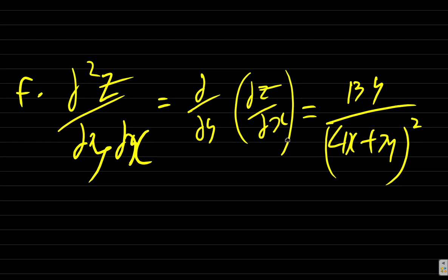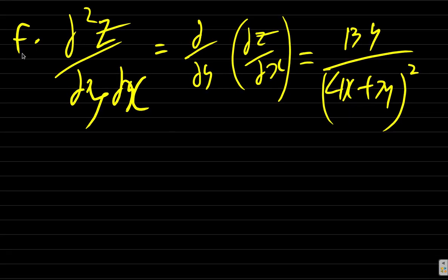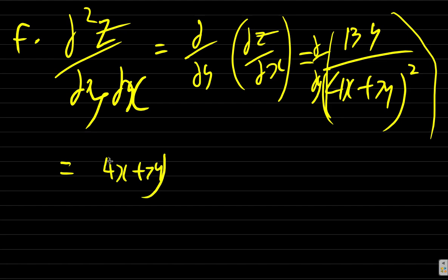Alright. So you find the derivative of this with respect to y. So we're going to differentiate this with respect to y. You hold the bottom, 4x plus 7y squared, times differentiate the top. You get 13 minus hold the top, 13y, times differentiate the bottom.